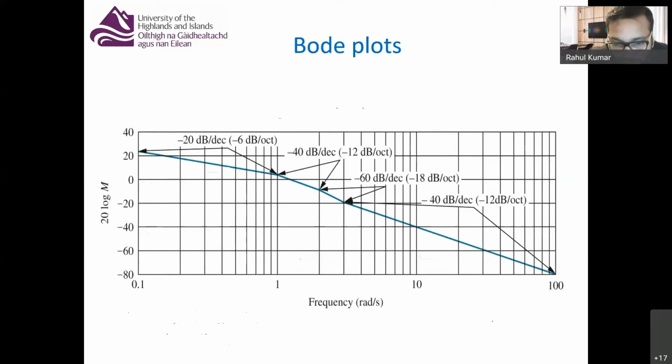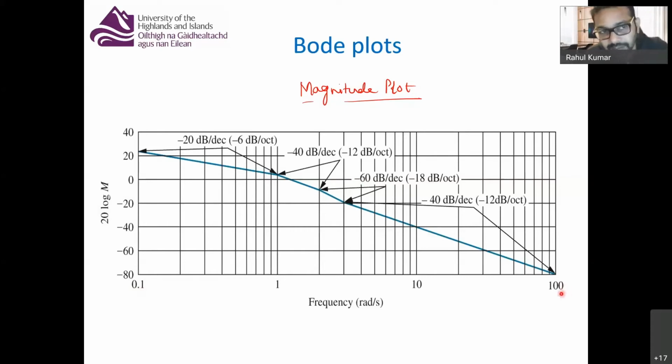Okay, so this is the magnitude plot. Let me write it. Magnitude plot. The Bode plot has two graphs: one is the magnitude plot and the other is the phase plot. Let's see how these slopes are changing. We started from 0.1 radians per second, and the maximum frequency that we are considering is 100 radians per second.